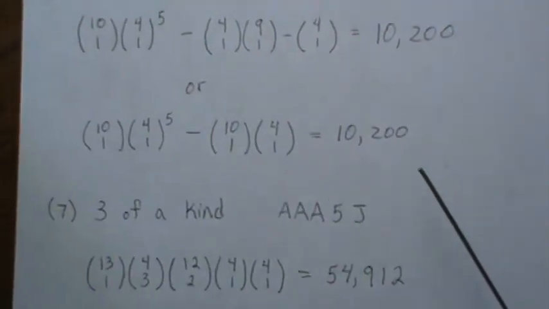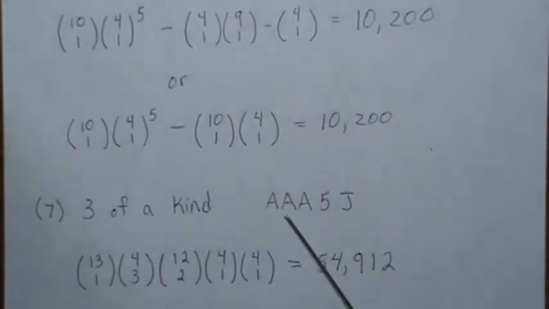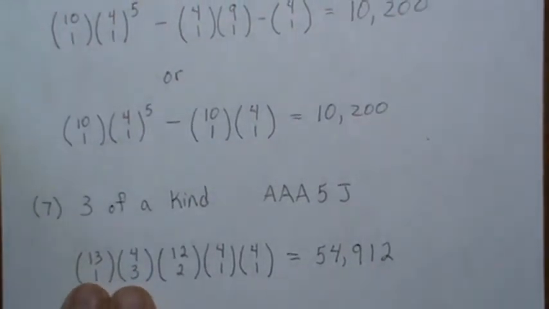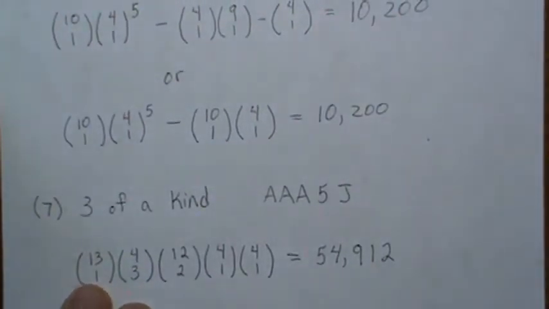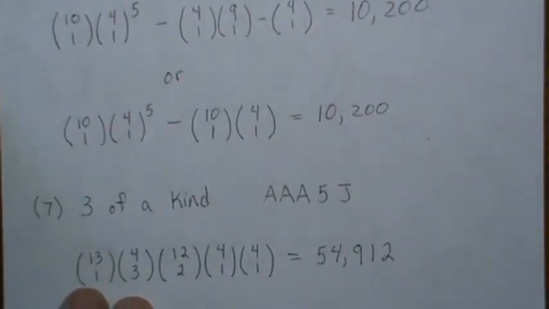Now, 3 of a kind is 3 of one number and then 2 different numbers, not of the same 3. Again, think about it as separating the shirts, the pants, and the shoes. Here, we're going to separate the 3 of a kind. So of the 13 columns, we want 1. We take that column and set it aside, but we only want 3 of the 4.